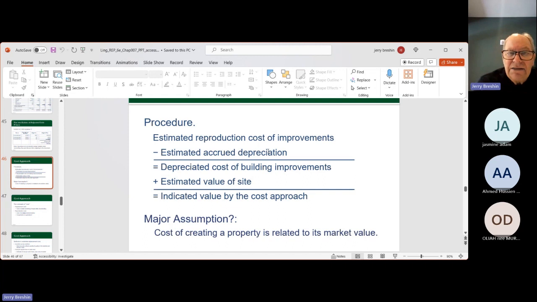If, for that matter, in car insurance, a 10-year-old car is damaged severely by an accident, the insurance company doesn't give you the value of a new car today. If a 10-year-old car, whatever it is, a Toyota, is now worth $2,000 in today's market, they give you what it's worth today.